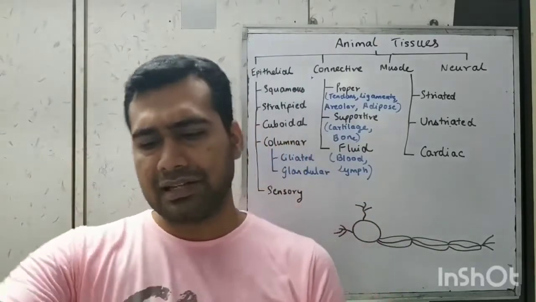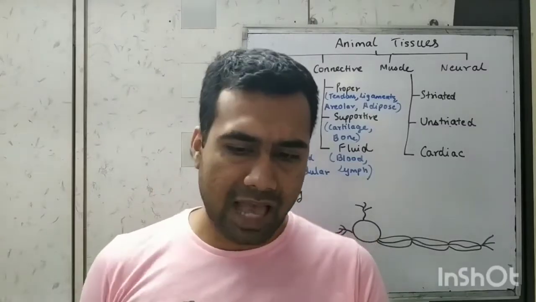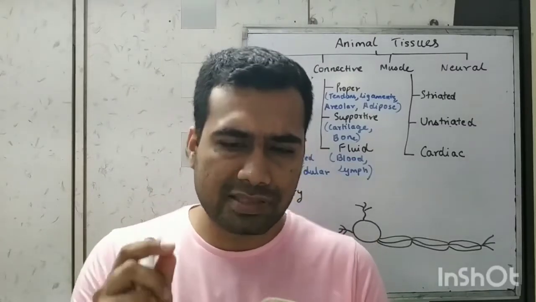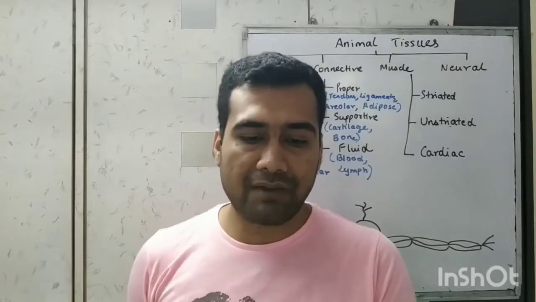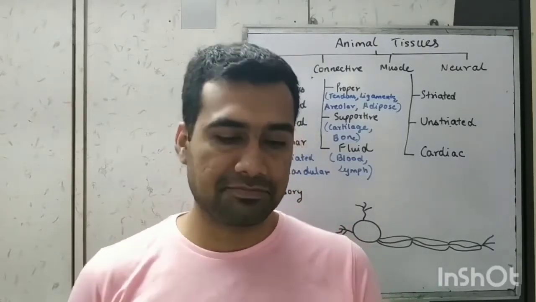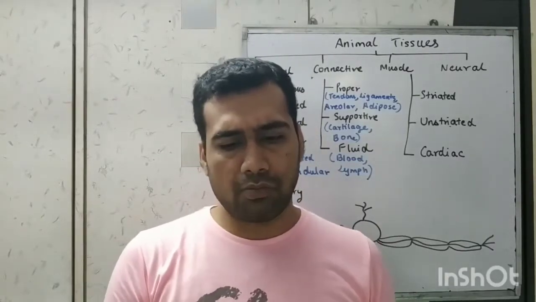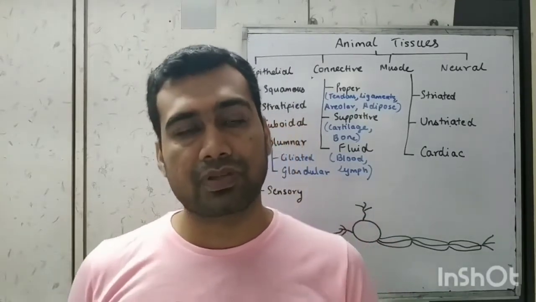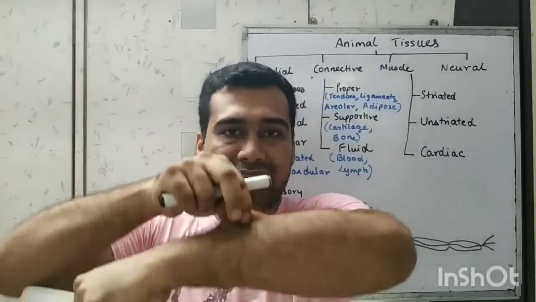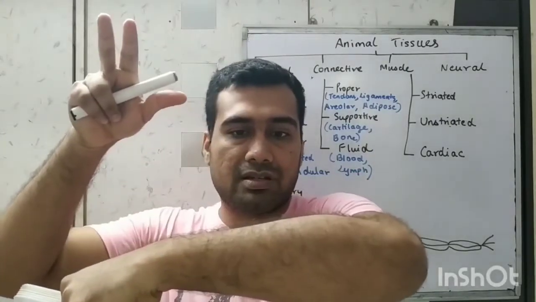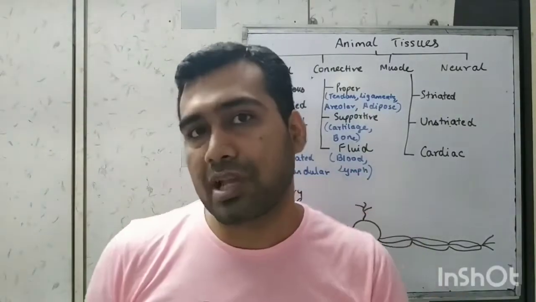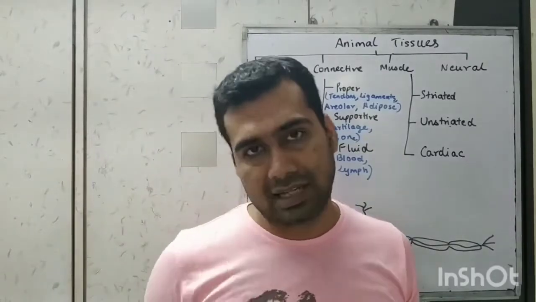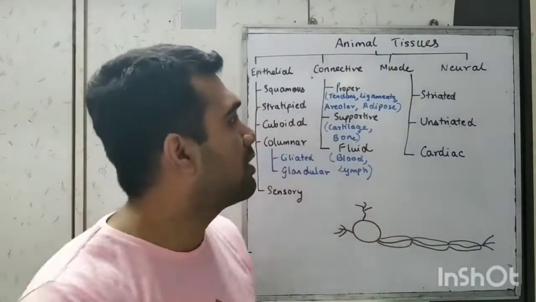Another difference between tendons and ligaments is that tendons have certain proteins called collagen and ligaments have a protein called elastin. Areolar tissue is a widely spread tissue occurring beneath the epidermis of the skin. So when we stretch the skin and we release it, we see that it regains its original shape. So the skin is elastic, and this elasticity is because of areolar tissue.